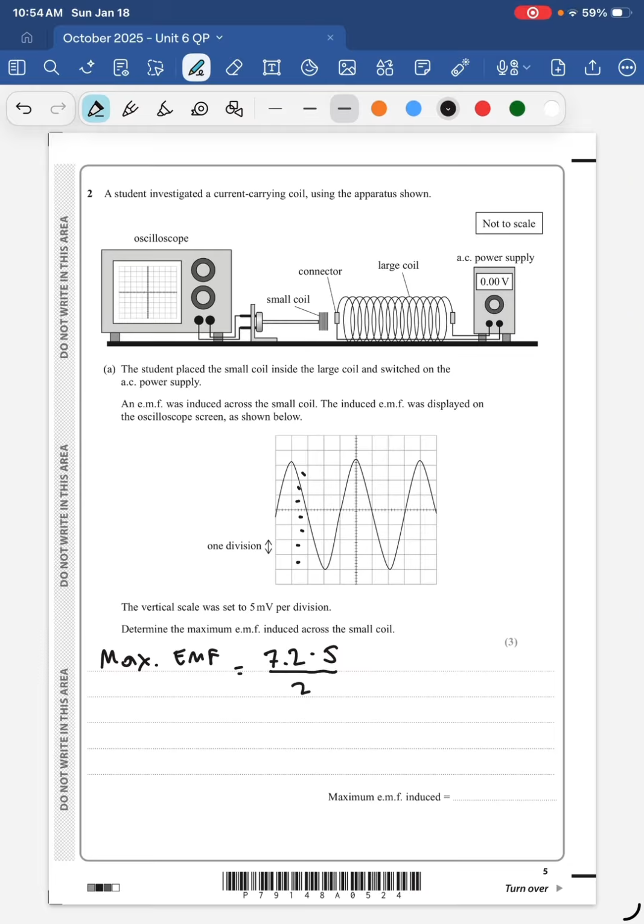So about, I would say, 18 millivolts. Let me check the mark scheme really quick. They say 18.5.